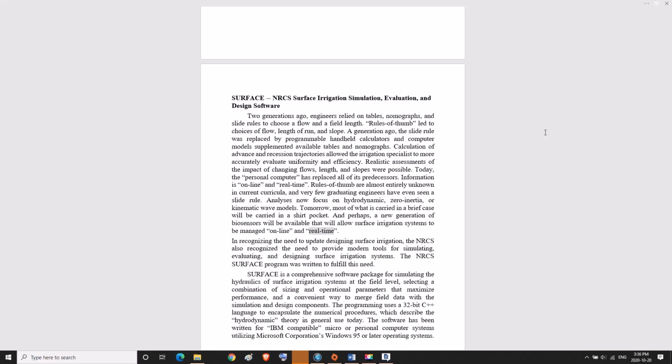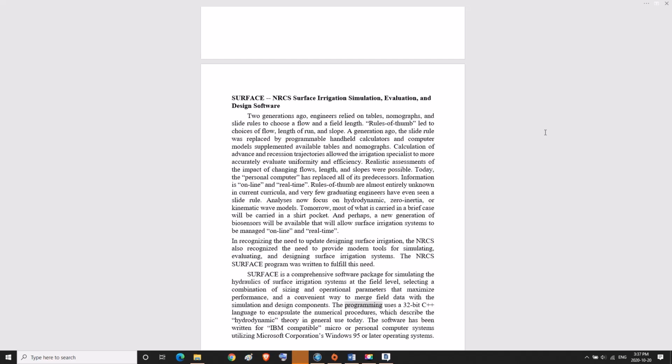In recognizing the need to update designing surface irrigation, the NRCS also recognized the need to provide modern tools for simulating, evaluating, and designing surface irrigation systems. The NRCS Surface program was written to fulfill this need. Surface is a comprehensive software package for simulating the hydraulics of surface irrigation systems at the field level, selecting a combination of sizing and operational parameters that maximize performance, and a convenient way to merge field data with the simulation and design components.